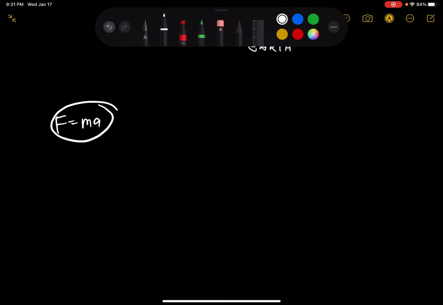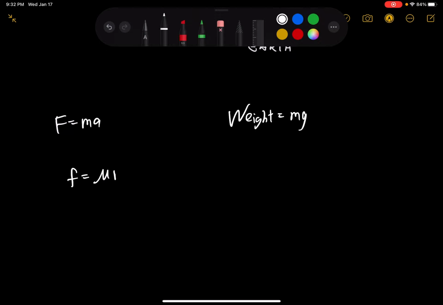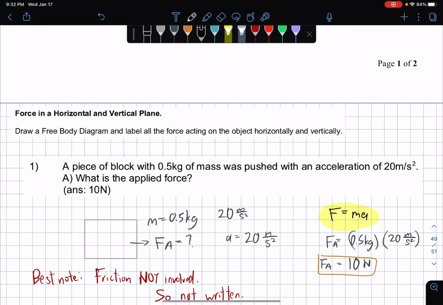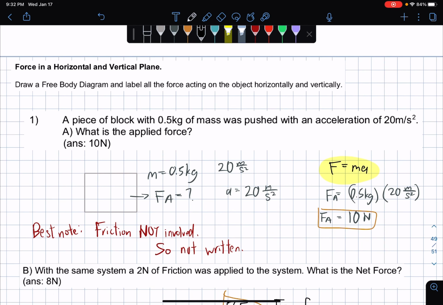I think this is Newton's second law of motion. And we do have the weight is equal to mg, mass times the gravity. We also know the formula for friction. Friction is fun, like literally fun. And from there, you can derive the idea that the frictional coefficient is equal to the frictional force divided by the normal force, basically.